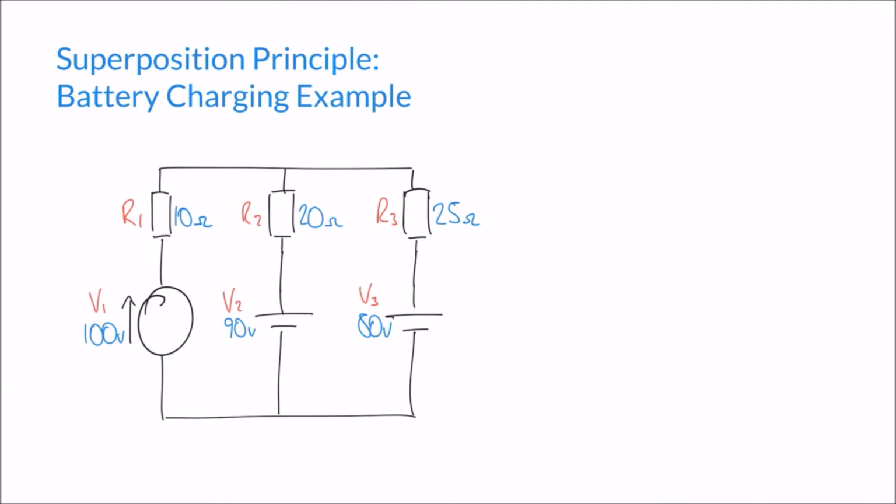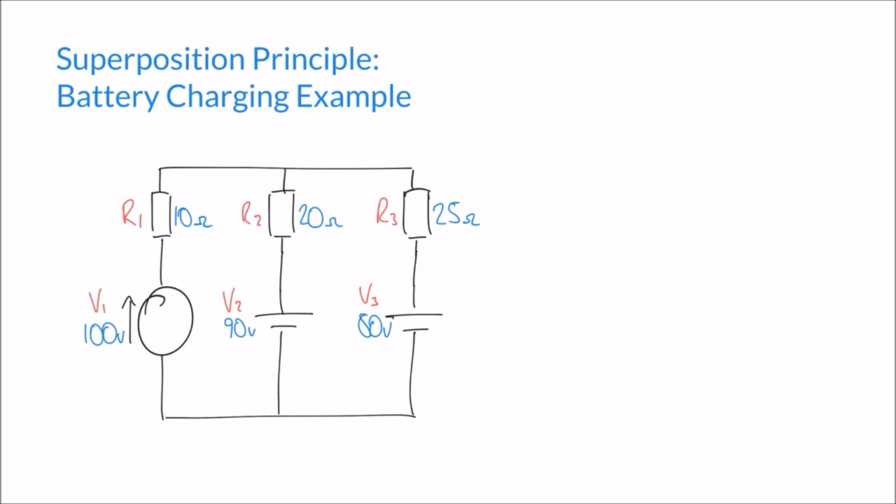Let's start with the first set of currents that we calculated. If you remember, we removed both of these cells so that we're left with only the V1 as our power supply, and we calculated I1 splitting into I2 and I3. Let's mark those on here.